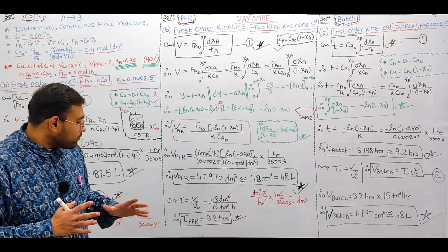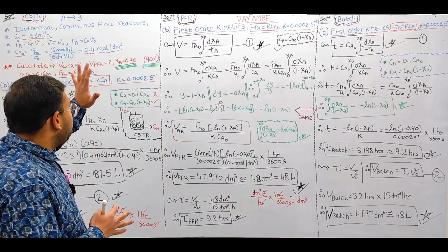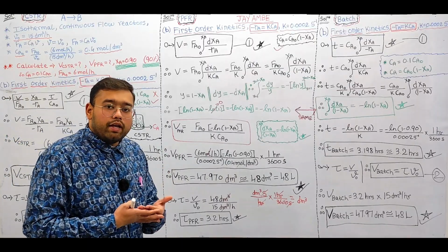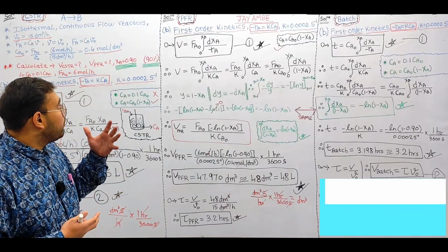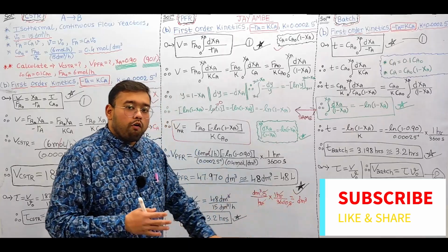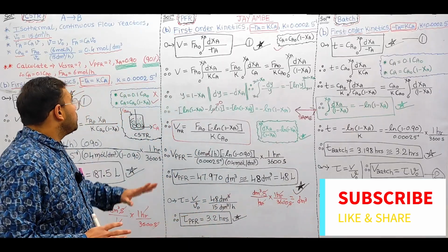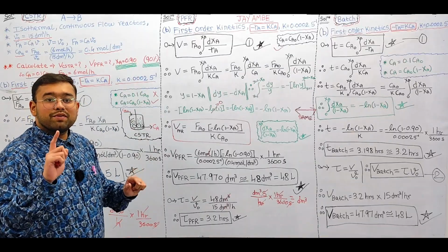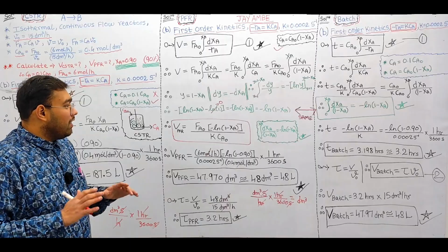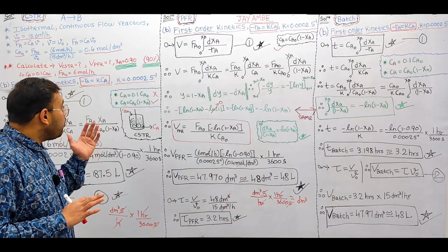This means that by keeping all the operating parameters constant, for first order reaction kinetics using the plug flow reactor, we require 48 liters volume of plug flow reactor and 3.2 hours time in order to achieve the 90% conversion. I hope you have understood up to here, right? I request you to please make all these notes.